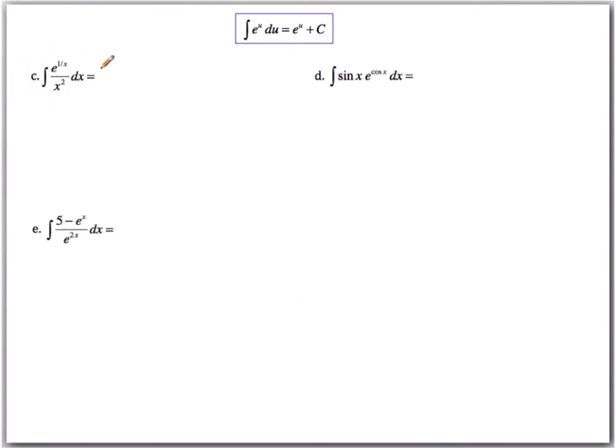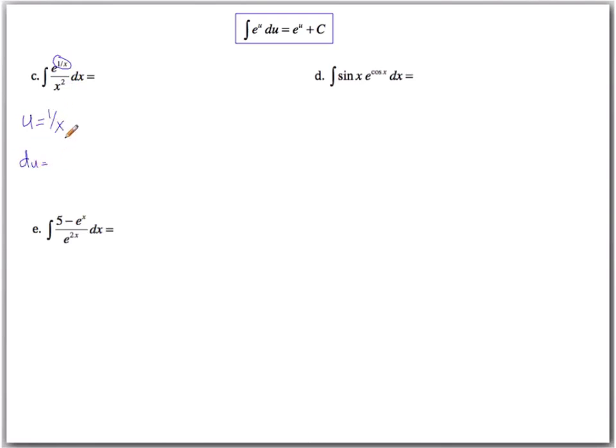Okay, in our next example here, we can see that we have a quotient here, but we always want to try to find our u and du first. So in this case, I'm going to let u equal the exponent. Okay, so 1 over x. And let's go ahead and find du.